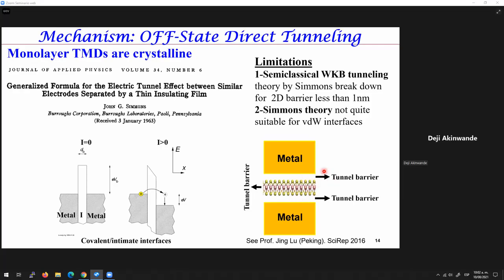So the van der Waals gap represents a tunnel barrier, and then the material represents a tunnel barrier for electrons that want to travel vertically. Altogether, if you take into account this more realistic scenario, then one can accurately account for the tunneling current that leads to the off state in this material.